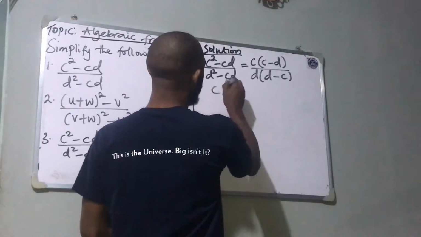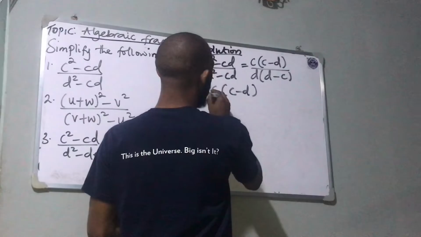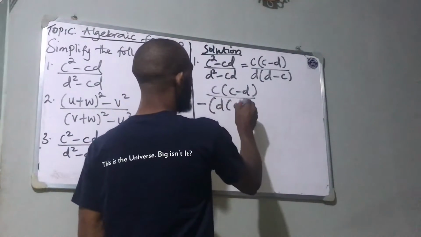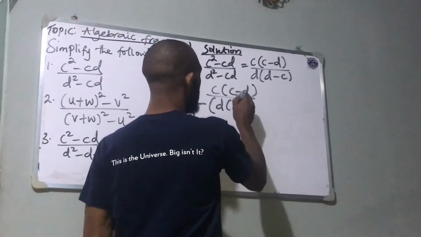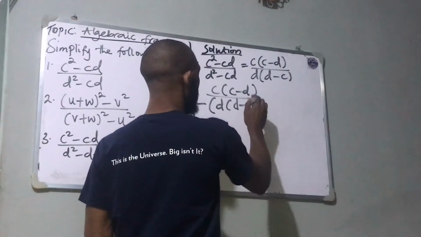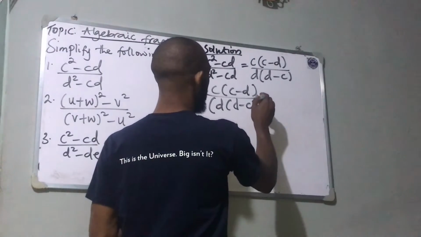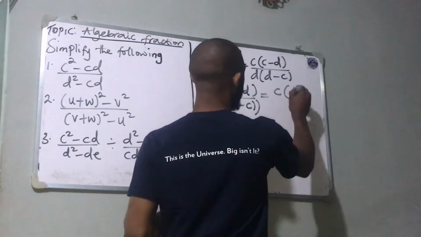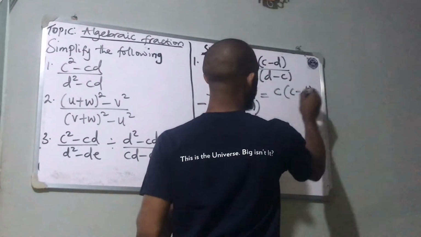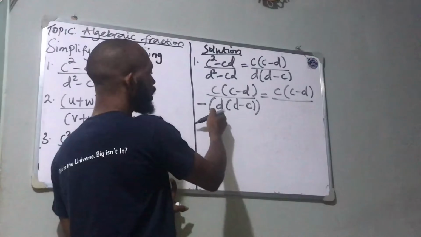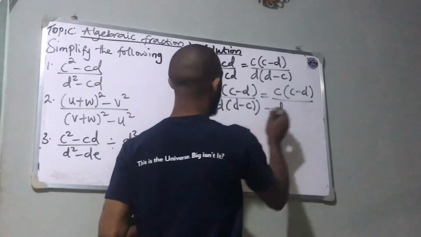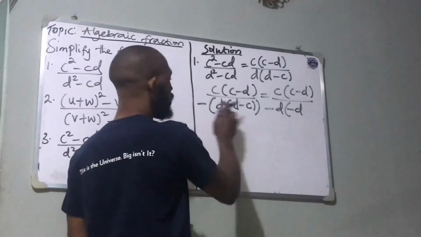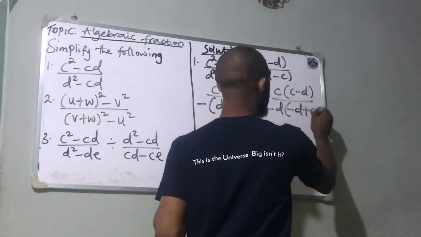So the numerator still remains c minus d, while the denominator is being multiplied by minus. Minus times d will give us minus d. Minus times minus c will give us plus c.